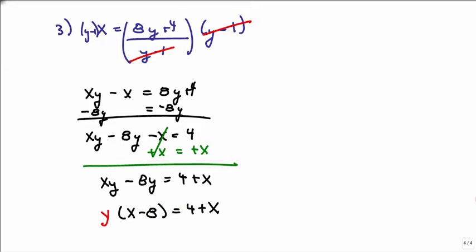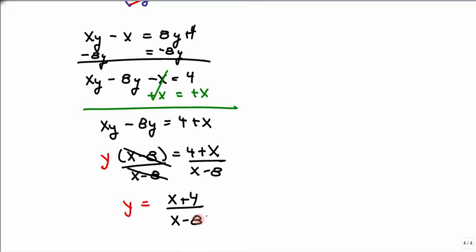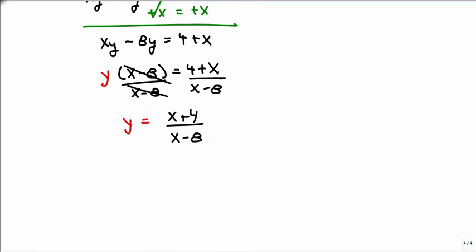And then our final step in solving for y, where I divide both sides through by x minus 8. So these are pretty long problems. So I end up with y equal 4 plus x, or x plus 4, doesn't matter since I'm adding, over x minus 8. Last step, we go ahead and replace our value of y with f inverse of x.